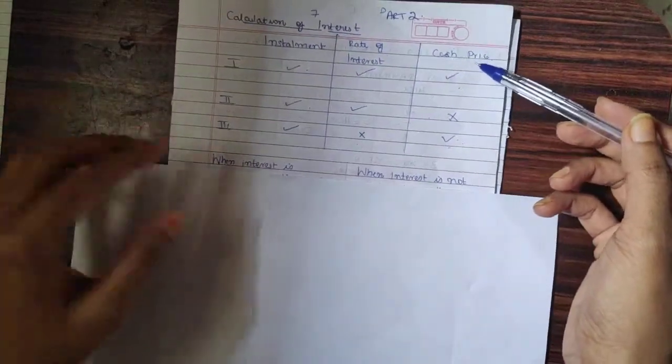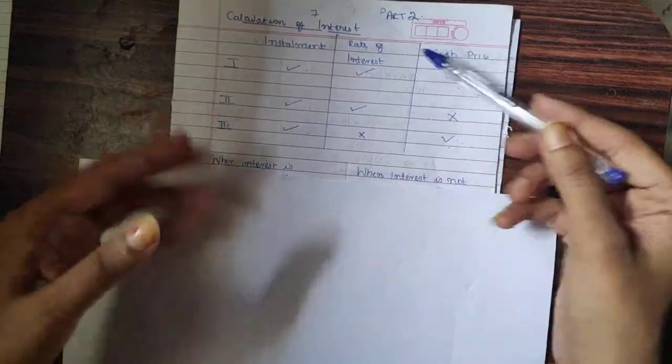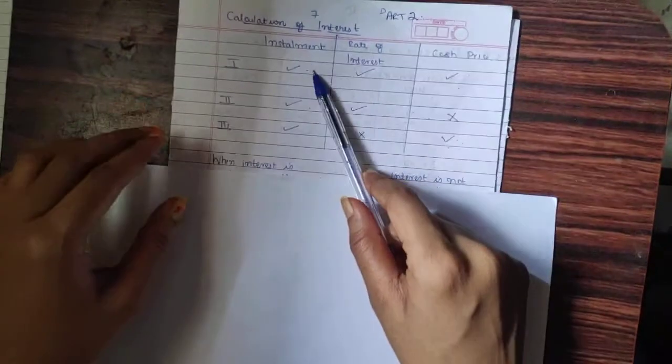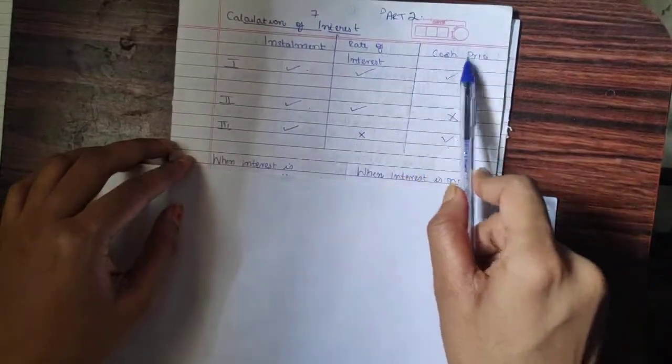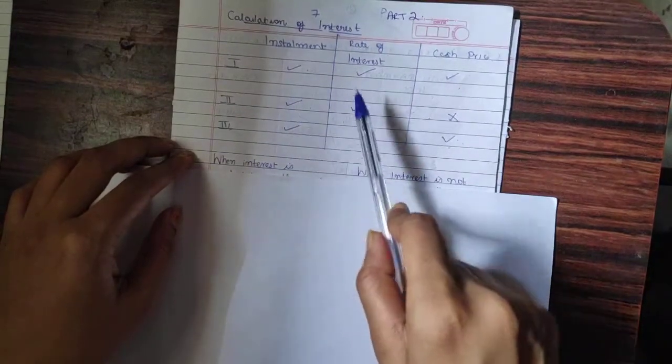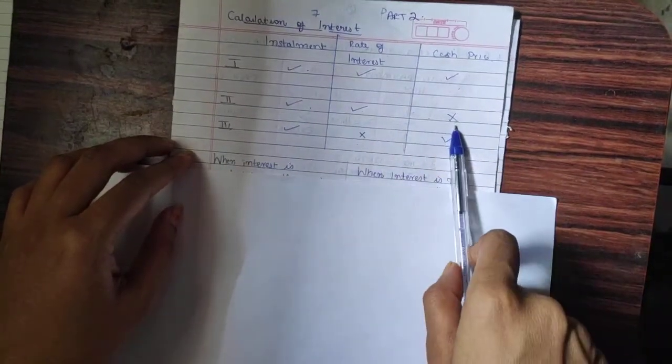Usually the questions that we get are mostly of three scenarios. In the first case, the installment, the rate of interest and the cash price would be given. In the second scenario, the installment and the rate of interest would be given but the cash price would not be given.